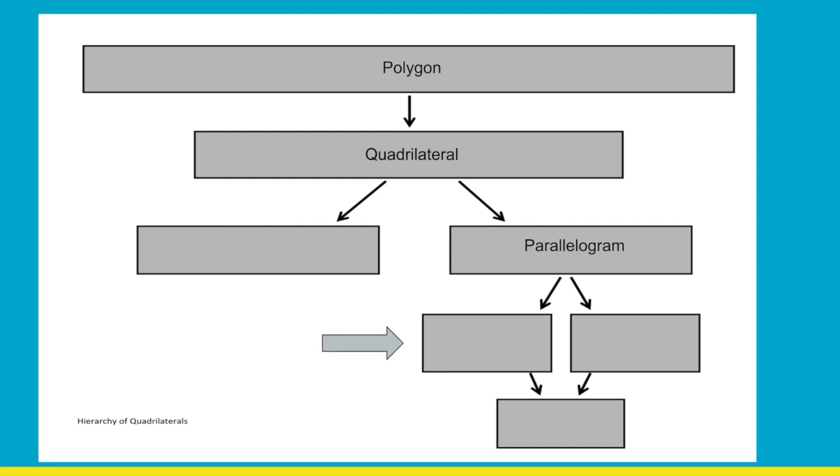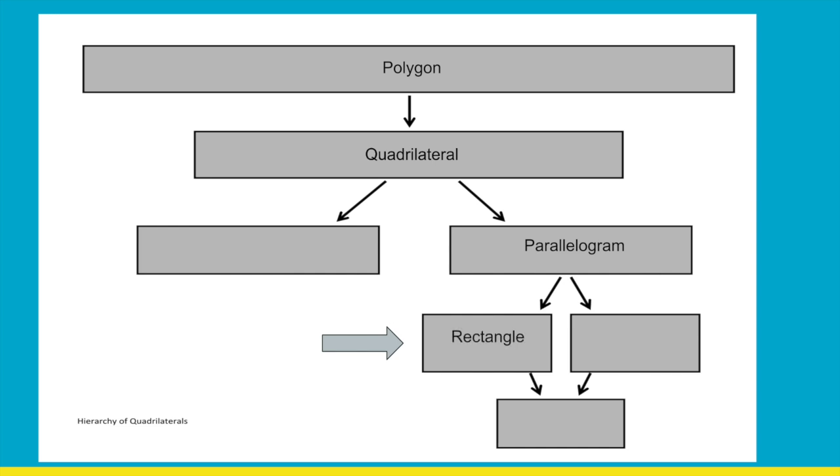So what's going to go here? What is a polygon with 4 sides, 4 vertices, 2 pair of parallel lines that also has additional specific attributes? What should go right here? A rectangle.